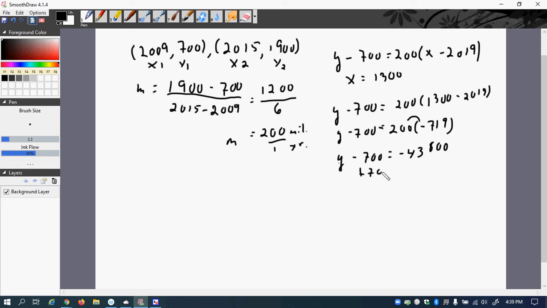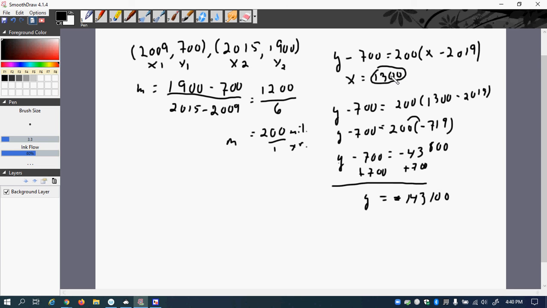When I add 700, I get a negative number, negative 143,100. Well, first of all, I'm getting a negative number, so it's telling me somewhere in here I made a mistake. I put this in the wrong place.